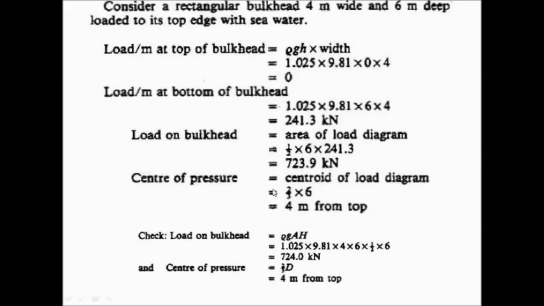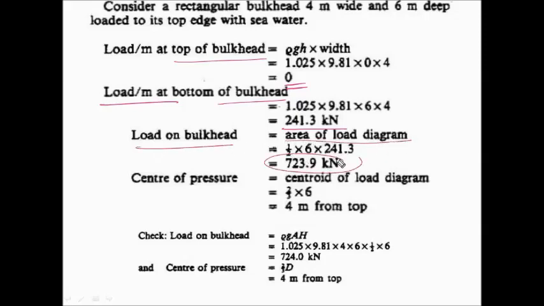You can see here all the steps are done. To draw the load diagram, we did the calculation here. Load per meter at the top of the bulkhead will be 0. Load per meter at the bottom of the bulkhead is 241.3. Then the load on the bulkhead we calculated using the area of the load diagram.